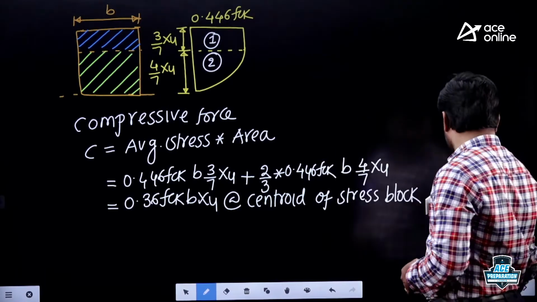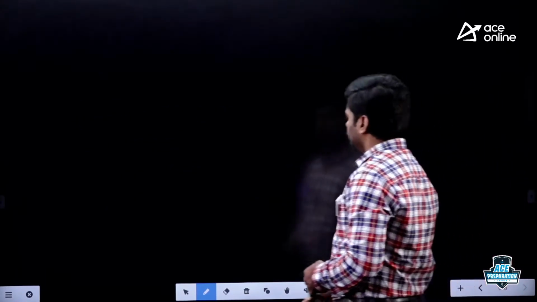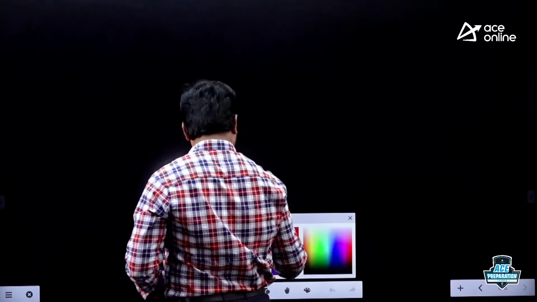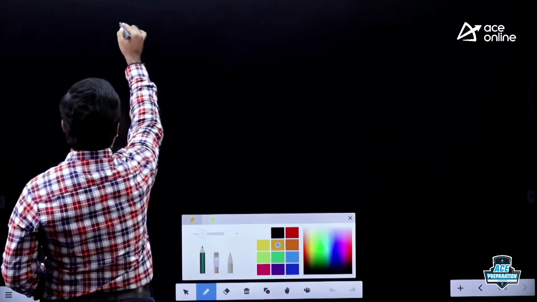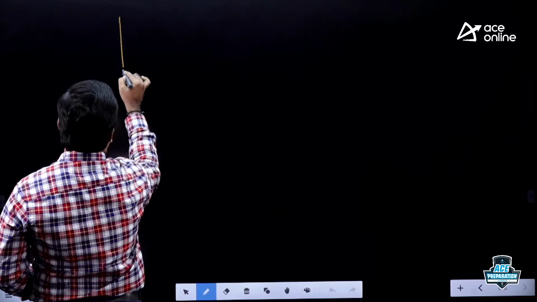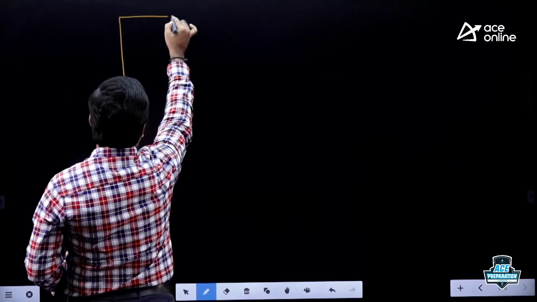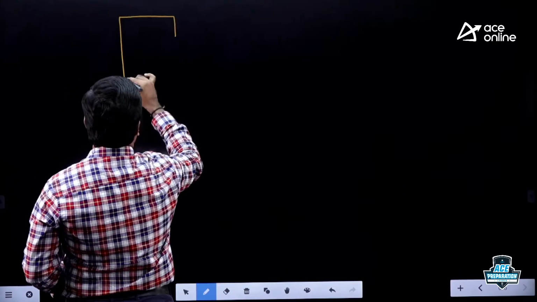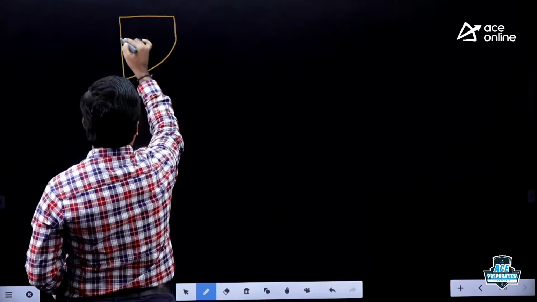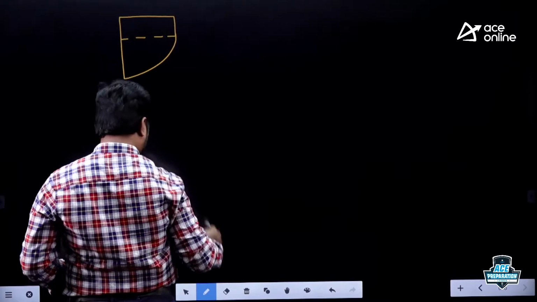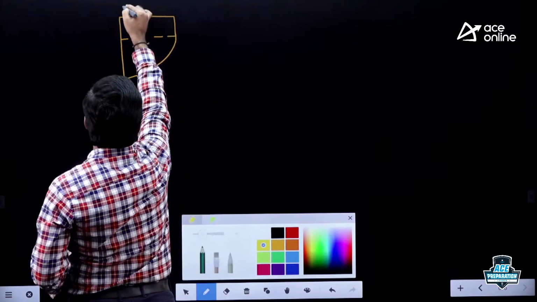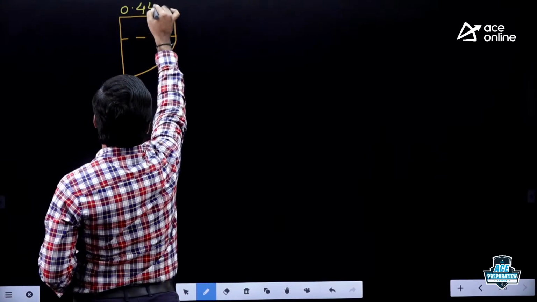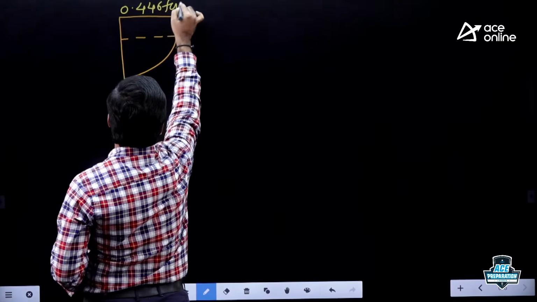So you need to find the centroid. My dear, this is the stress block, and this is the design strength of concrete 0.446 FCK.